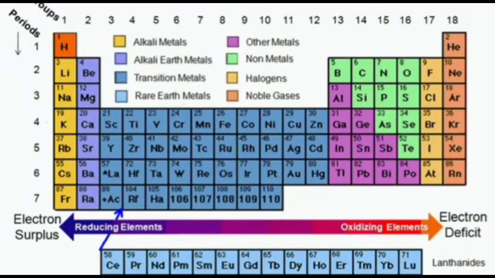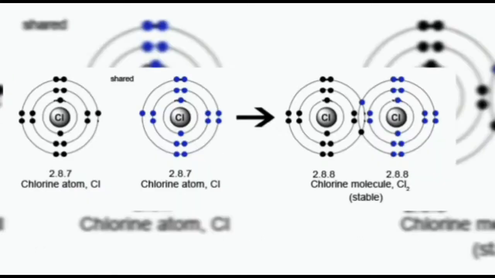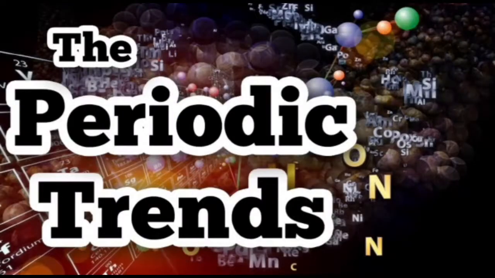The position of an element in the periodic table can tell us about its chemical nature. As we already know, the number of valence electrons in an element determines the kind and number of bonds formed by it. So, let's see the trends which are seen in the periodic table.